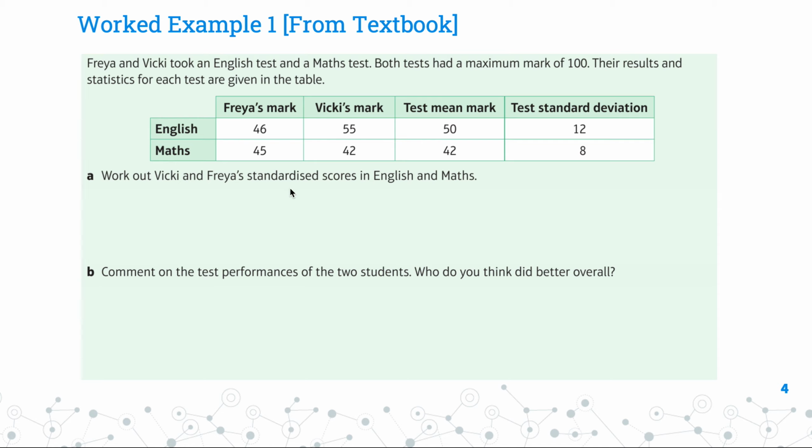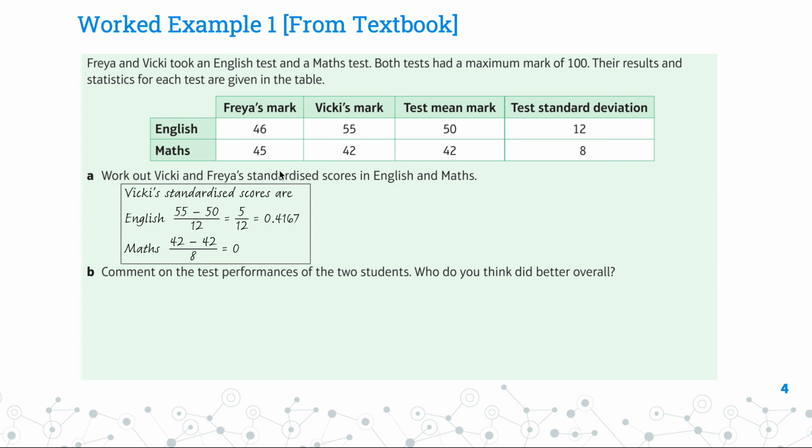So we're going to work out their standardised scores first. Okay, so let's start with Freya. So in English, we just take her score. Oops, sorry, this one. Sorry, they're starting with Vicky here, apologies. Vicky, so they're taking 55, subtracting the mean, dividing by the number of standard deviations, and that tells us that her English score was 0.4167 above the mean.